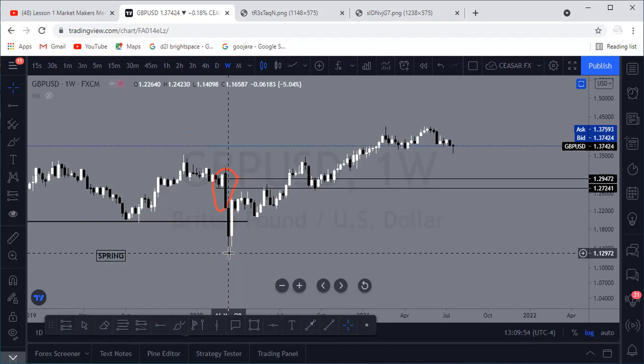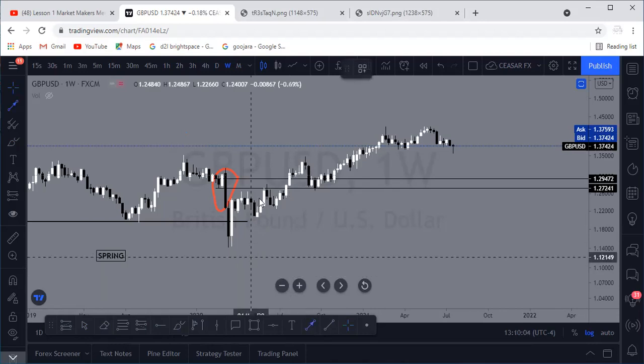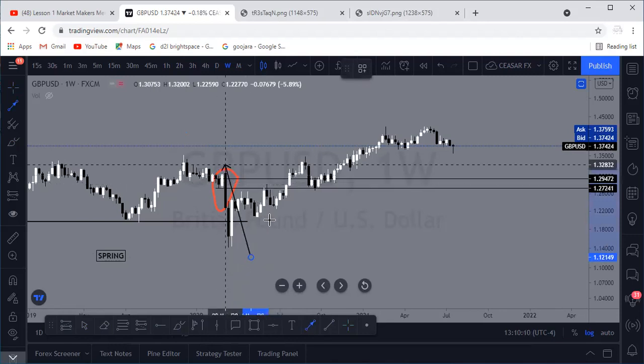The question is, which one is going to be respected by the market? You can see that firstly, the price started by pushing like this, mitigating the sell to buy order block first, before mitigating the buy to sell.